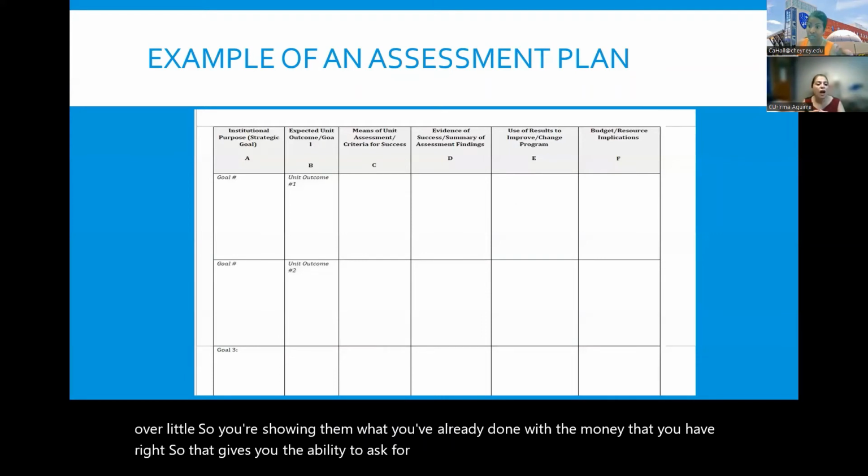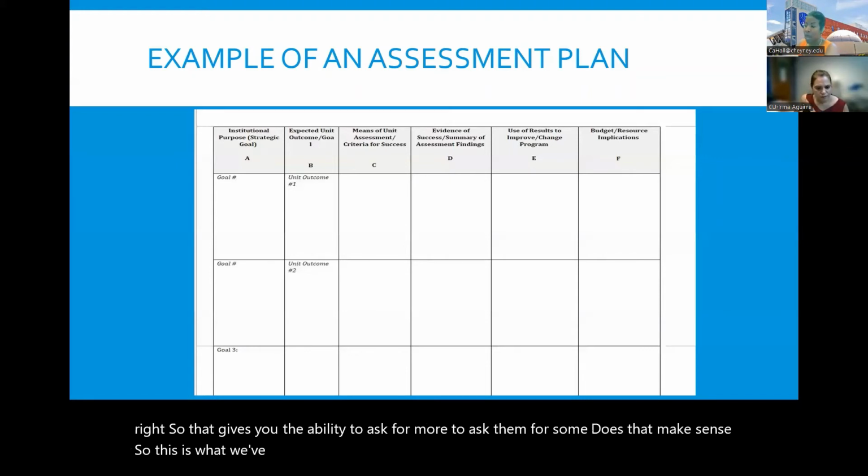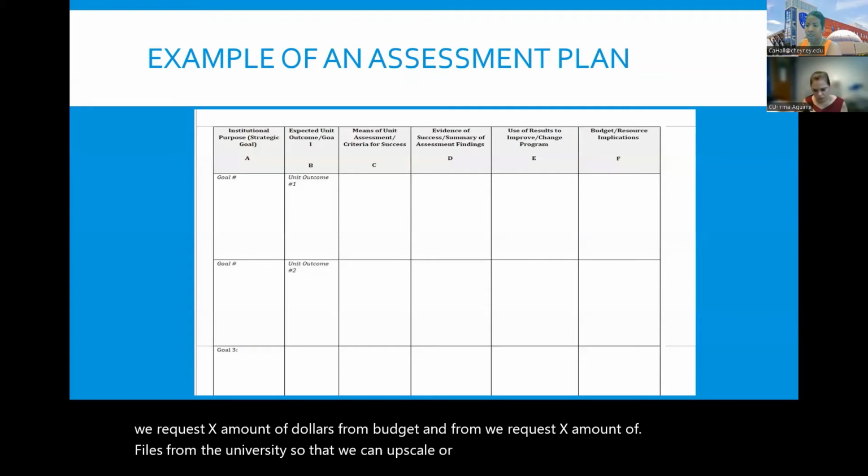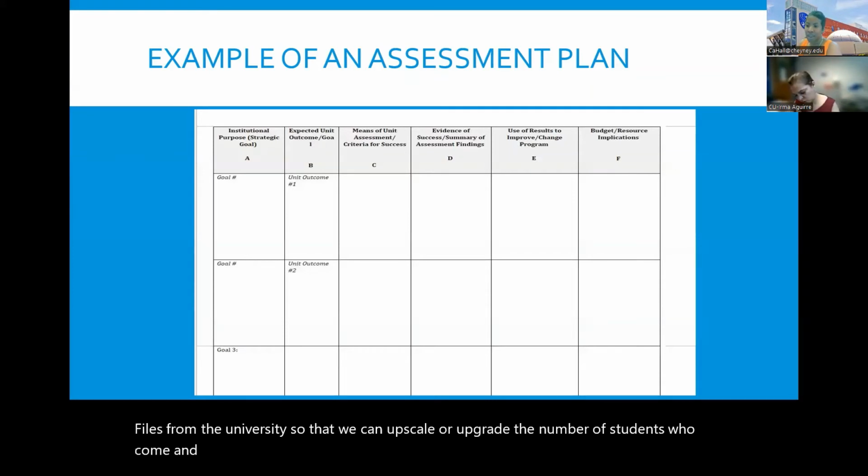So this is what we've done as a department on our own through outside entities, but we request X amount of dollars from the university so that we can upscale or upgrade the number of students who come and the services that are provided to them when they attend.